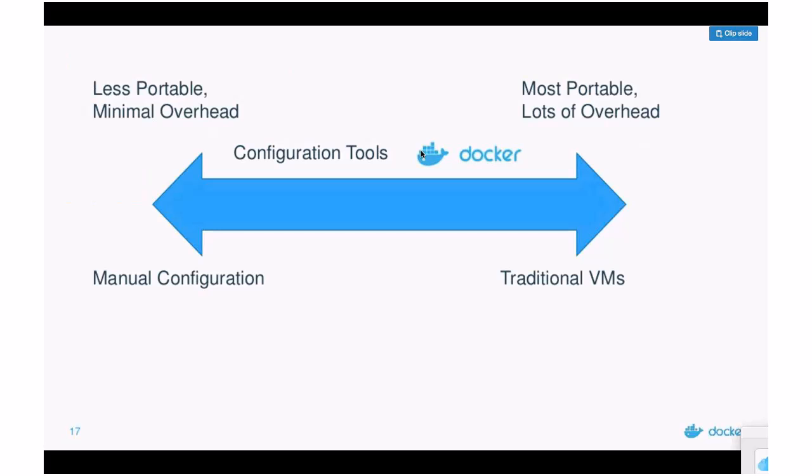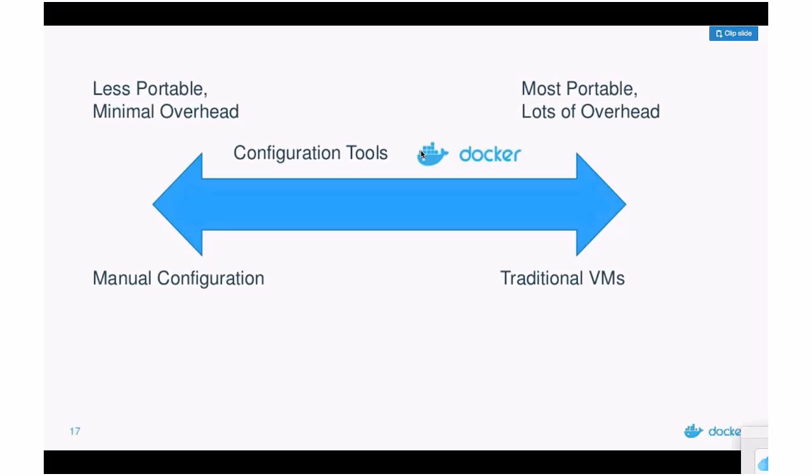If you see this spectrum, on the left-hand side, when the server reaches your data center, you build up a server and install an application on top of that, and that is less portable. On the right-hand side, there is a lot of overhead, and this is a traditional VM, where it is portable and you can build the application and package it.